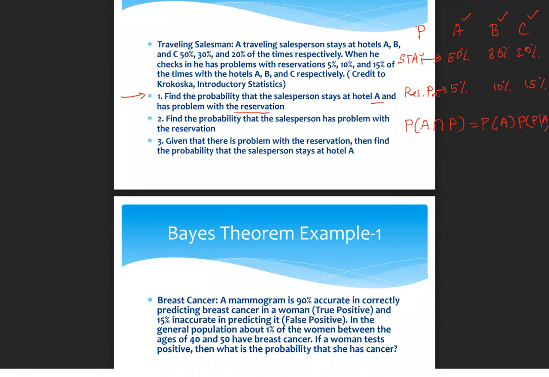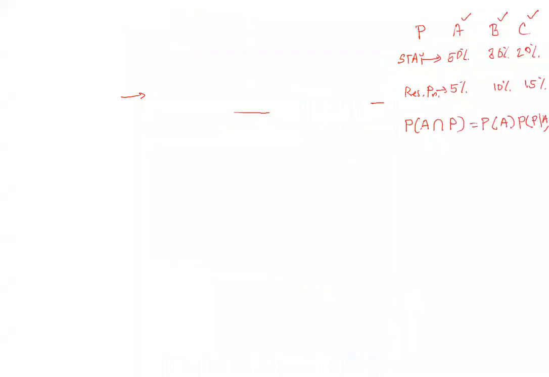So I'm gonna do something else here. Let me take the background off. So probability of A intersection P is the same as the probability of A times the probability of P given that A has happened. Okay, I shouldn't have used P. There are too many P's here.